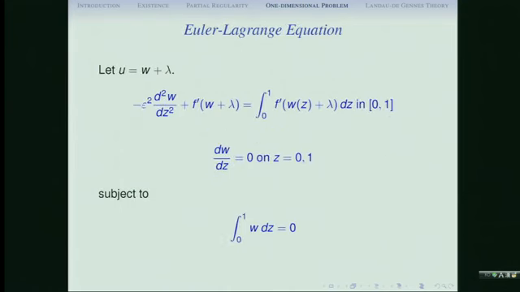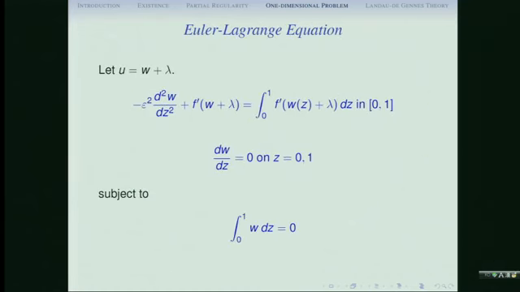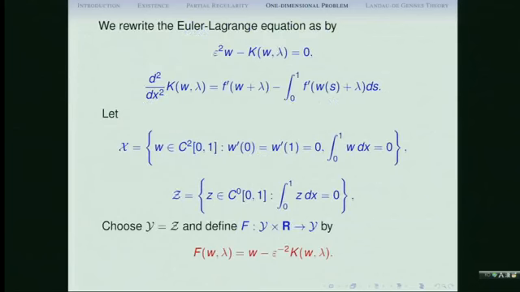I rewrite my Euler-Lagrange equation introducing u equals lambda plus omega w, and then rewrite this equation in terms of w. Now lambda is my bifurcation parameter. I rewrite this in a slightly implicit form, and call the right-hand side k(w, lambda).